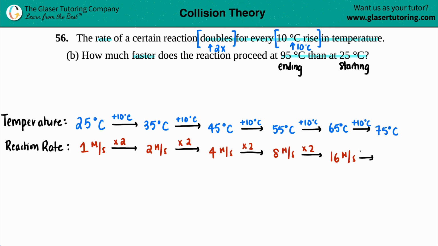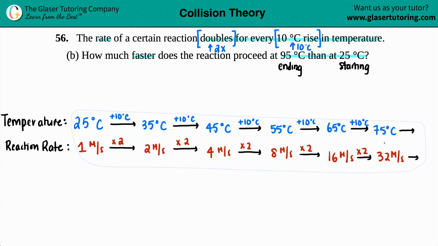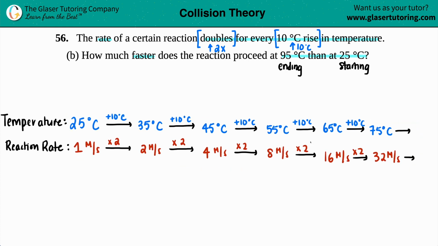And we got to double that rate. So 16 times 2 is 32 molarity per second. Whoa. Keep going. I don't like that. I like the arrows. We'll do one more here, and then we'll do the last one on the bottom. Can I fit it? Maybe? I don't think so. But anyway, we'll keep going.